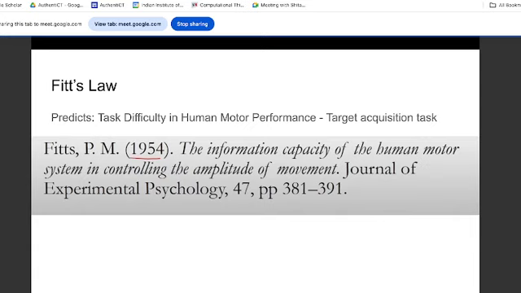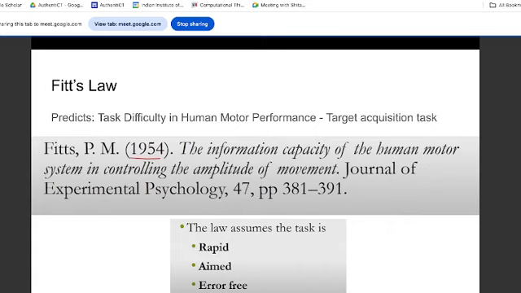If it is a tiny object, it is difficult to locate and then difficult to pick up. But if it is a bigger object, it is easier to pick up. So we say the task is difficult based on how far it is and how wide the object is.